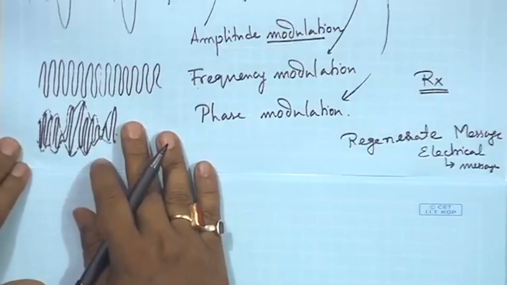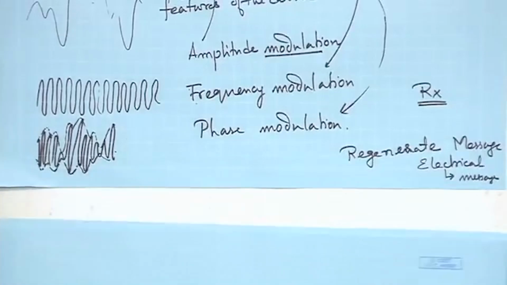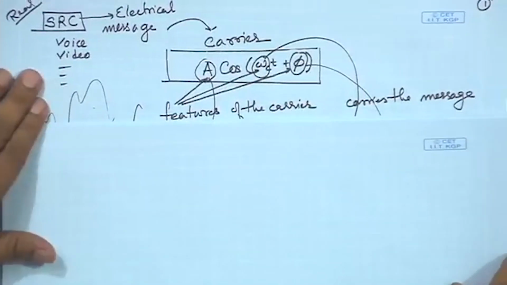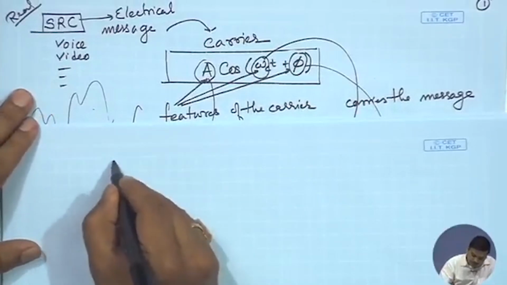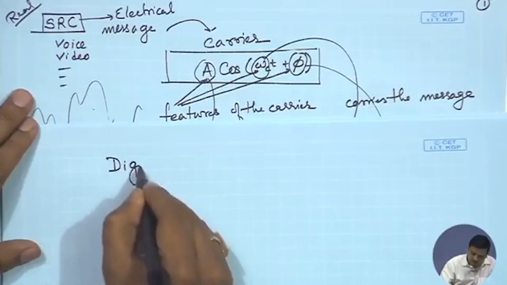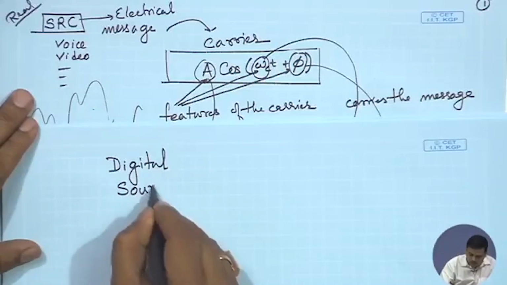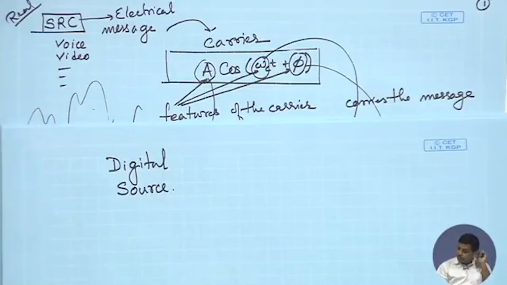So now, instead of using this particular signal as we have drawn over here, the difference is that the source is no longer analog, but you have a digital source. That's one of the important changes.